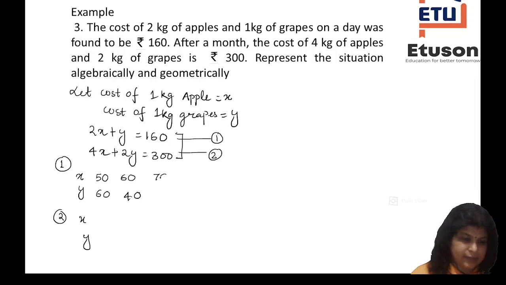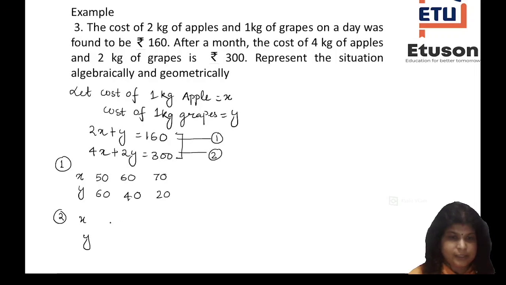If I take 70, I'll get 20. Now for the second equation, if I take 70, the y value will be 10. If I take 75, it is 0. If I take 80, it is minus 10.